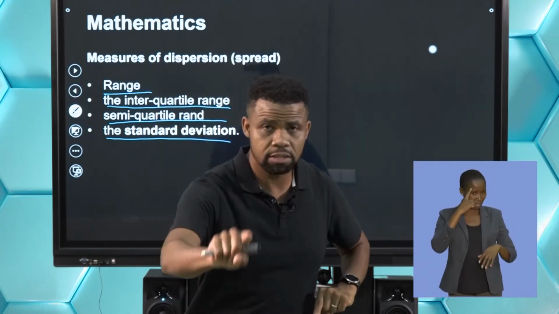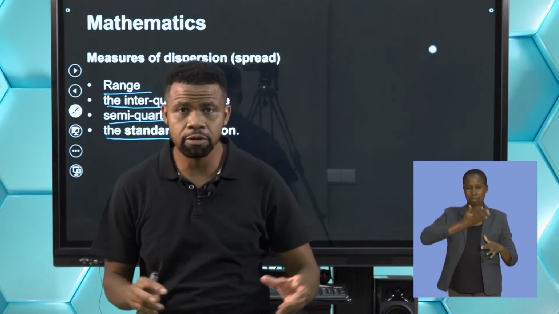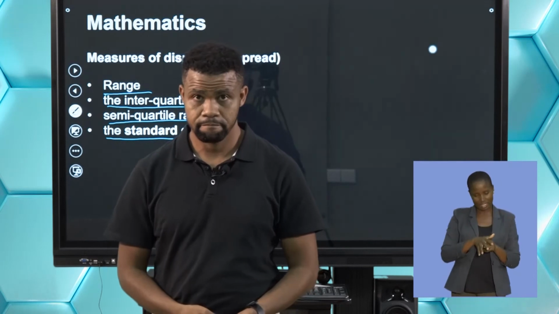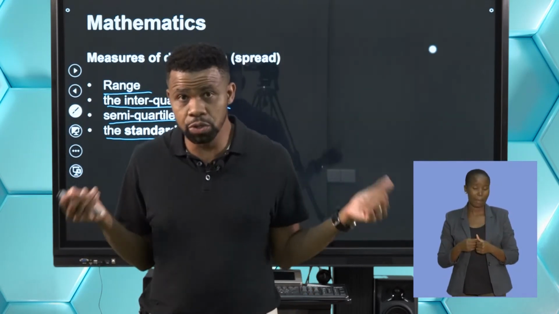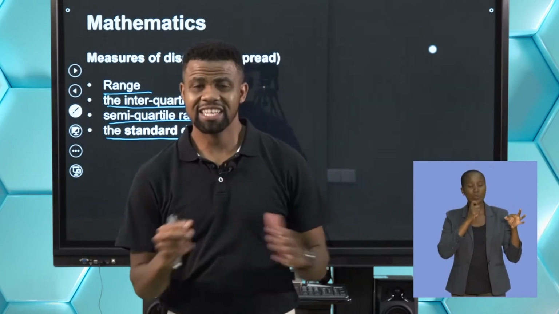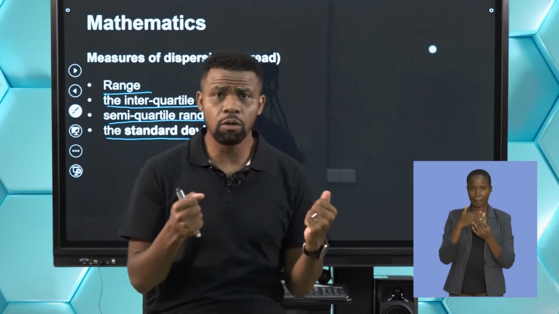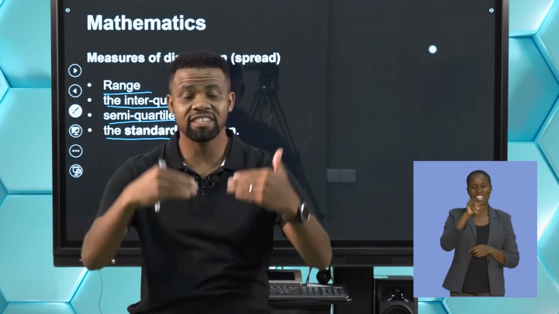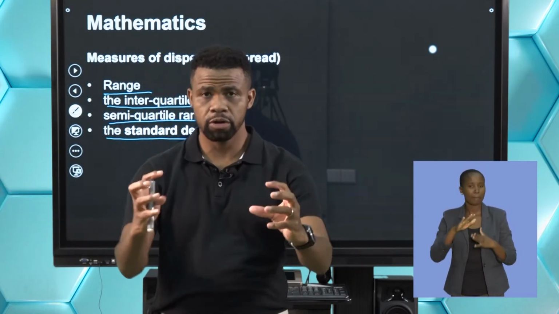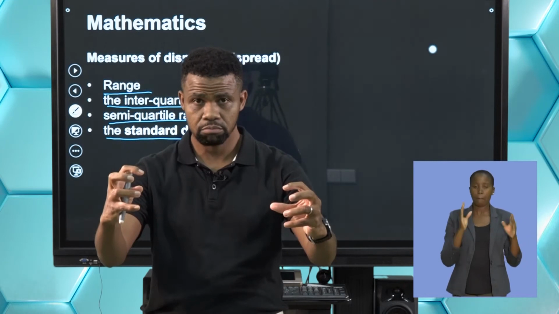We spoke about this: extreme values can affect the range and not tell the story, because you're only using the lowest and the highest value. It doesn't tell us anything about the middle. The interquartile range is actually better than the range because extreme values don't affect it.